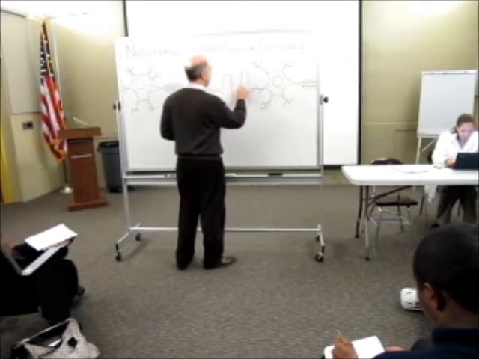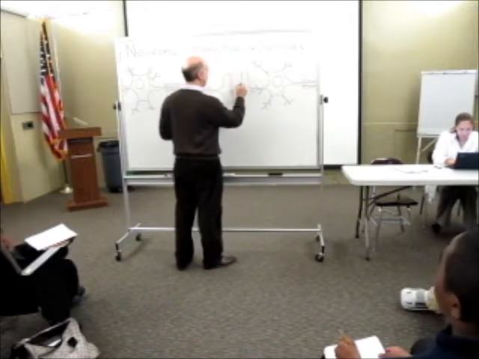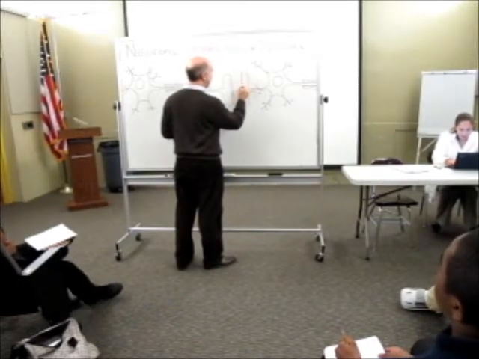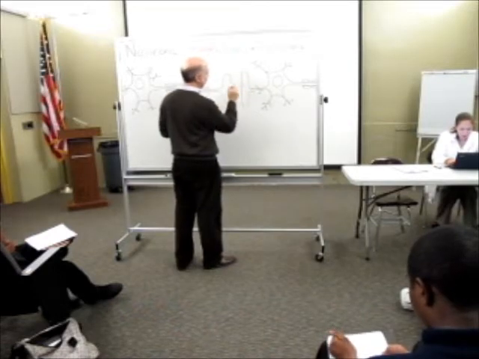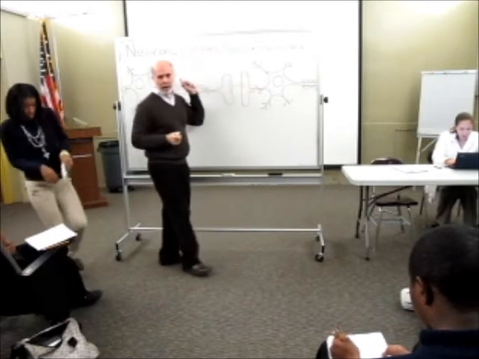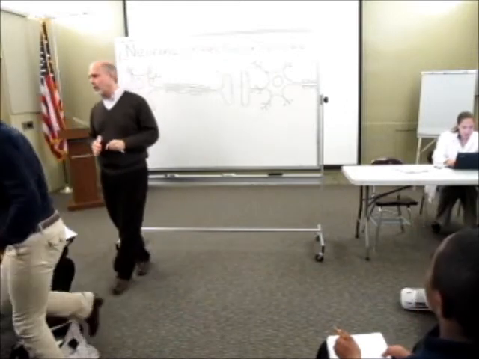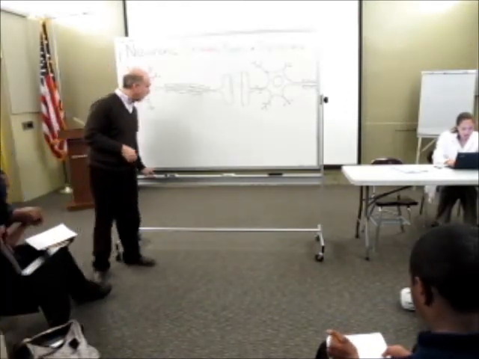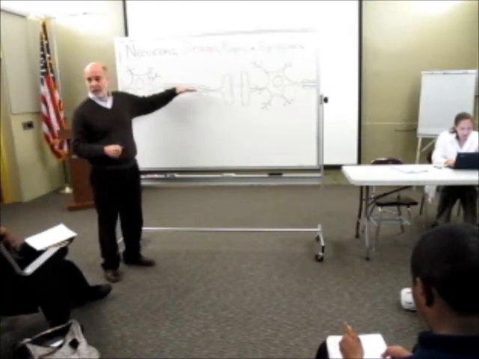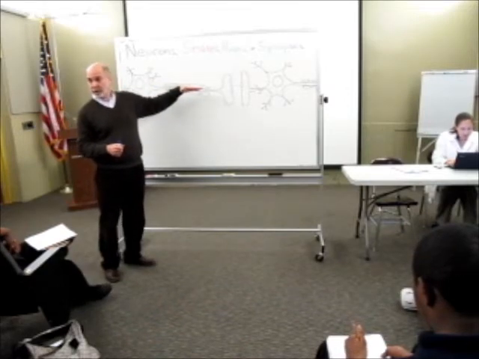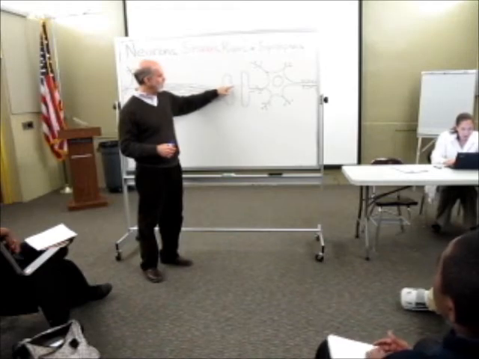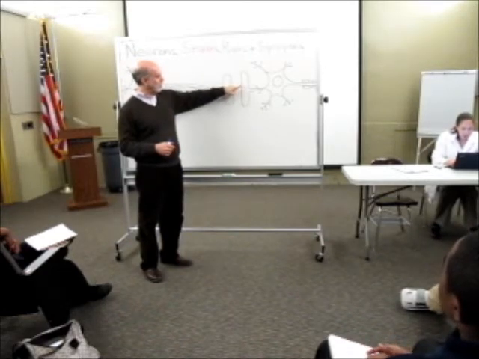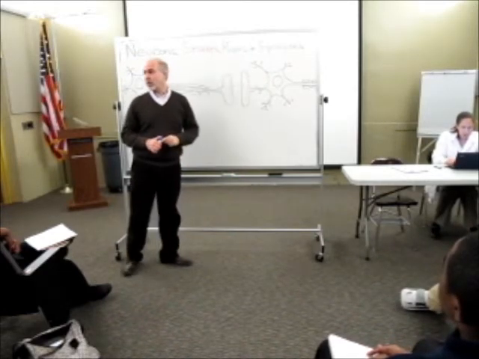So there's another molecule called the receptor that the neurotransmitter fits into and sends the electrical signal across the synapse. So action potentials come down this axon. When they get here, they cause the transmitter to be released. It binds to a receptor here, and the electrical signal keeps going.